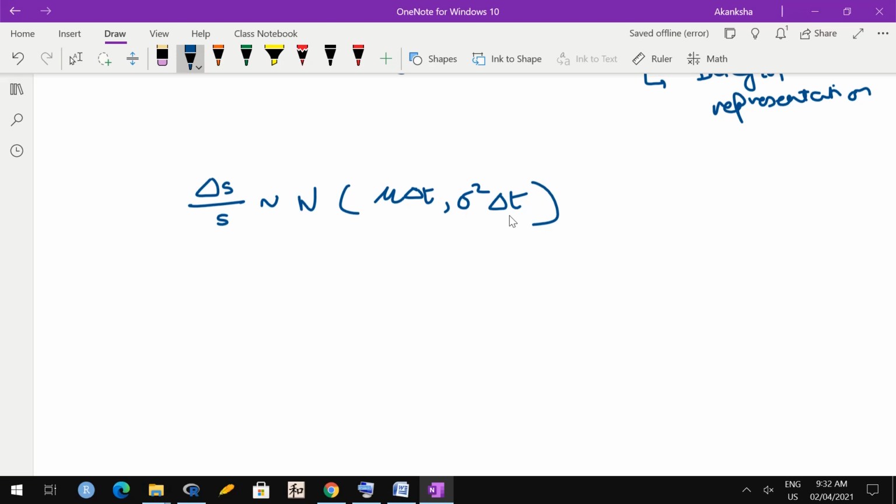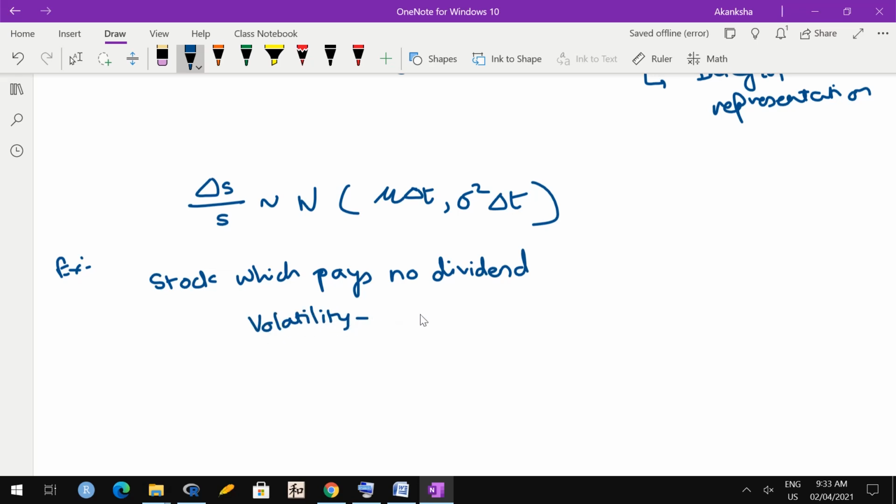Let us take one small example. Suppose we have a stock which pays no dividend, and we know the mean and variance parameters. Volatility, which is your sigma, is 30% per annum, and the expected rate of return is 15% per annum.